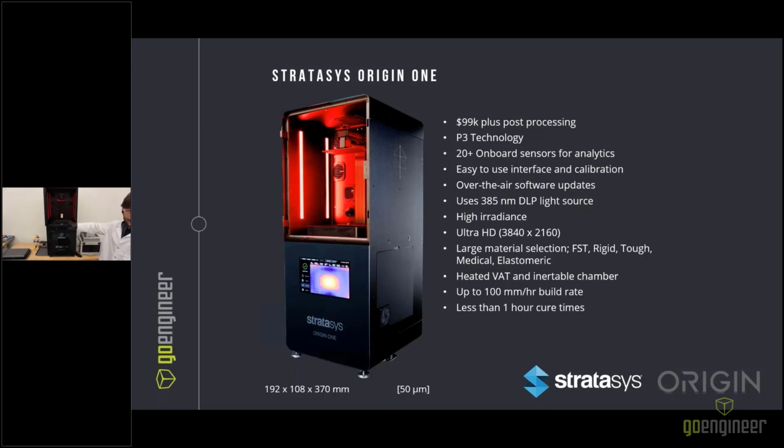A heated vat and an inertable chamber provide printing materials that other machines simply cannot. Cure times are typically less than an hour on this machine, with build rates up to 100 millimeters per hour.